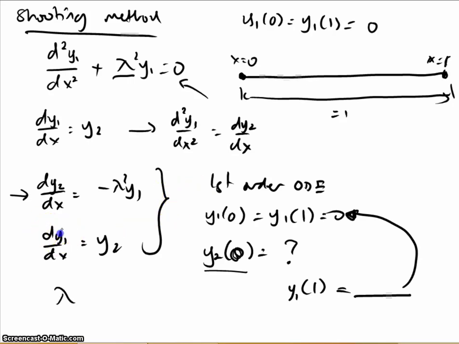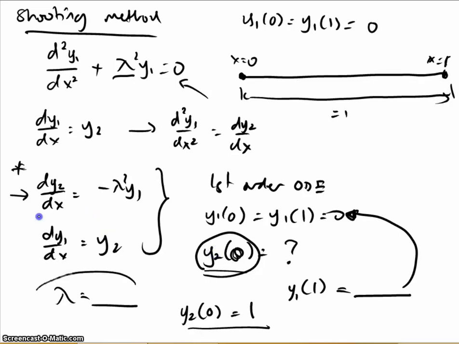Even if we make a guess on lambda, we will still need to know y2 at 0 in order to solve this system of ODE here. So for now, we'll just assume y2 at 0 equals 1, just for convenience. We make this assumption, and we make the assumption for a value of lambda. Then we can solve the system of ODE here to find out what y1 is at the endpoint 1.